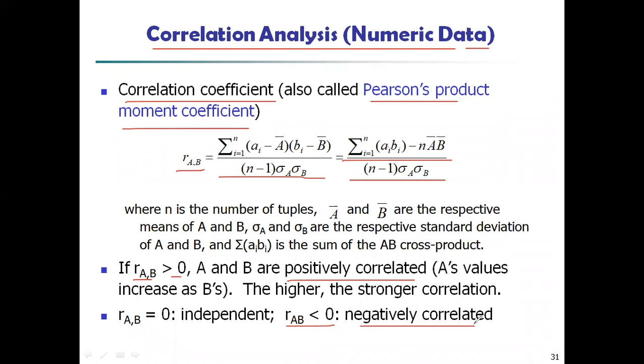A and B attributes are negatively correlated. And if r subscript AB equal to 0, then those two are independent attributes.